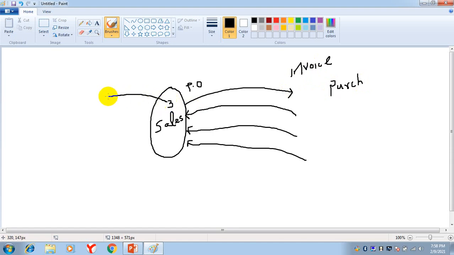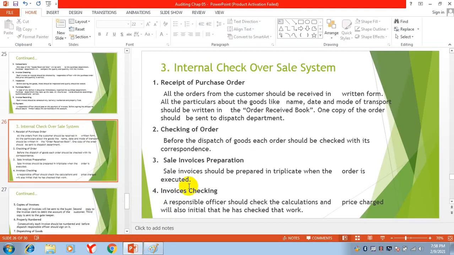One copy will be sent to the purchaser. One copy will be sent to the gatekeeper. See, it is given here.